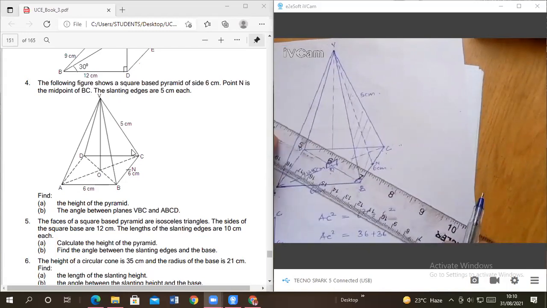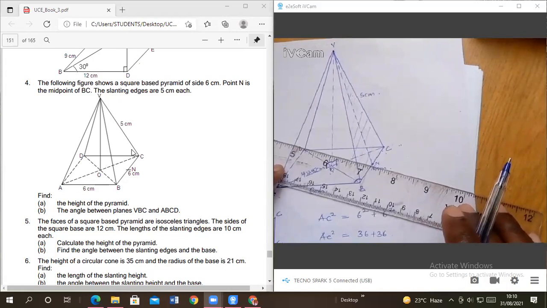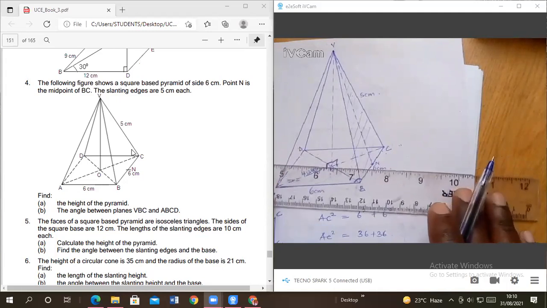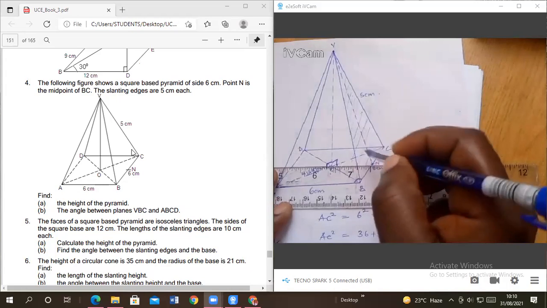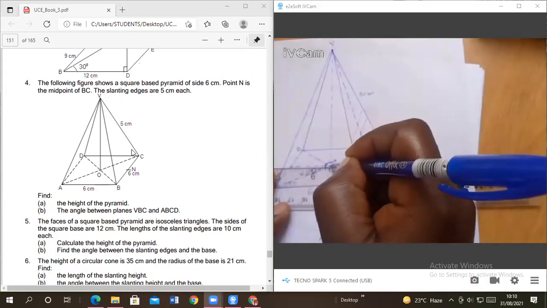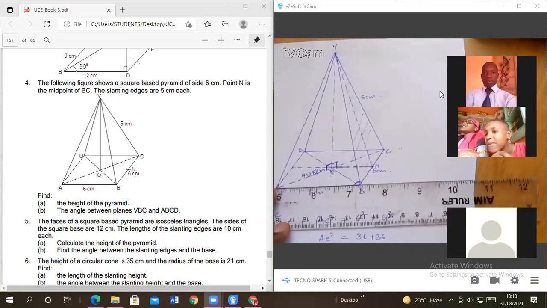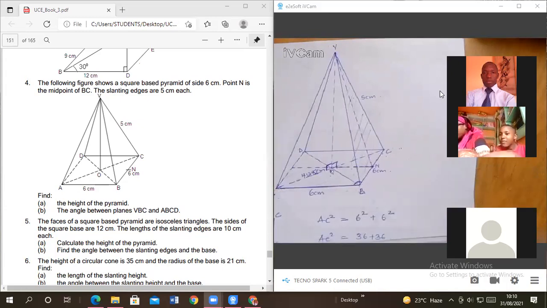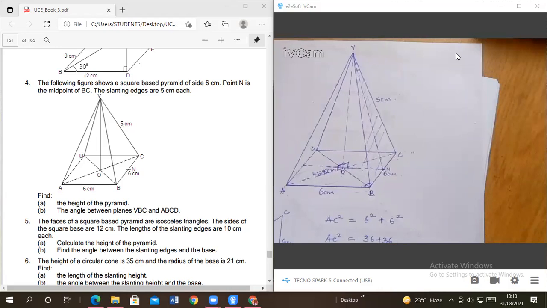That would be wrong, because that is not bisecting that square into two. So I have to draw it like this, up to there. Okay, so that is the line.